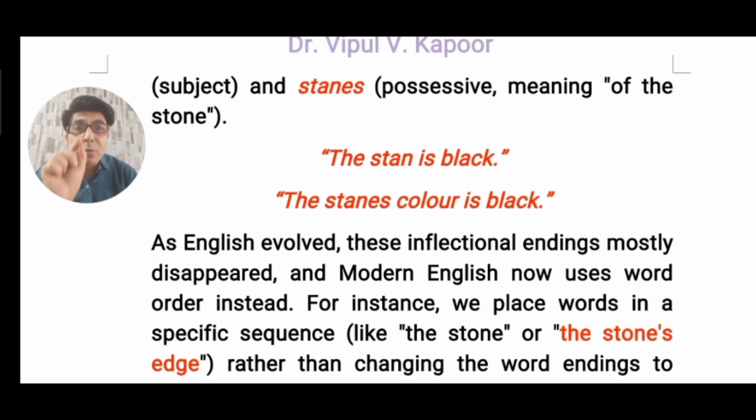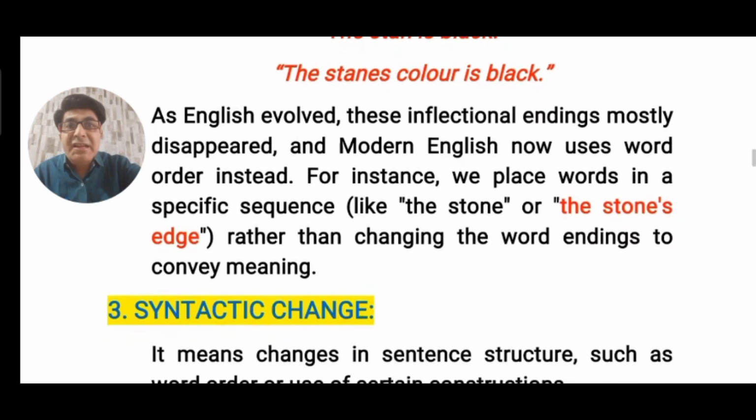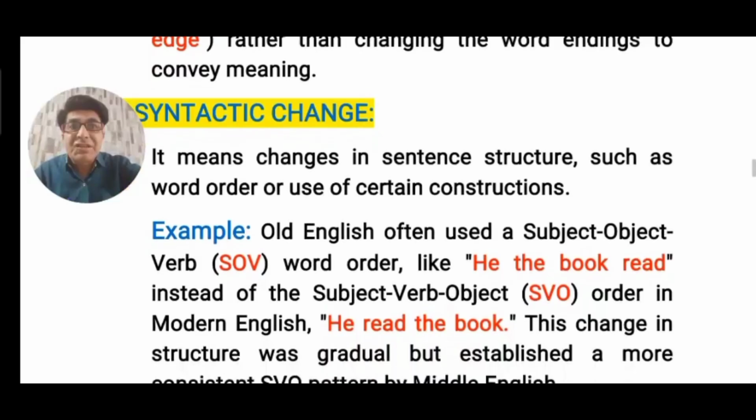You see, there is an apostrophe mark here. Moreover, there is also a change in spelling of this word. So that means what? That means the words are also changed. The shape and the form of the word is also changed all through the time from Old English to modern English. Okay, so that is called morphological change.